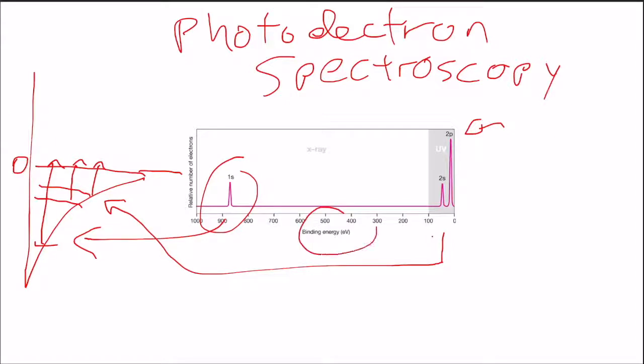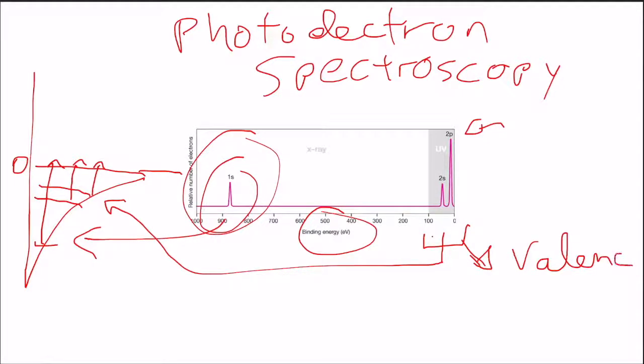So notice that this is the binding energy, whereas the 1s is really deep down. What we're going to see is that these 1s electrons are so deep down that they don't participate in bonding. These ones are the ones that participate, and these are what is known as the valence electrons, because they are the ones that participate in bonding. Okay?